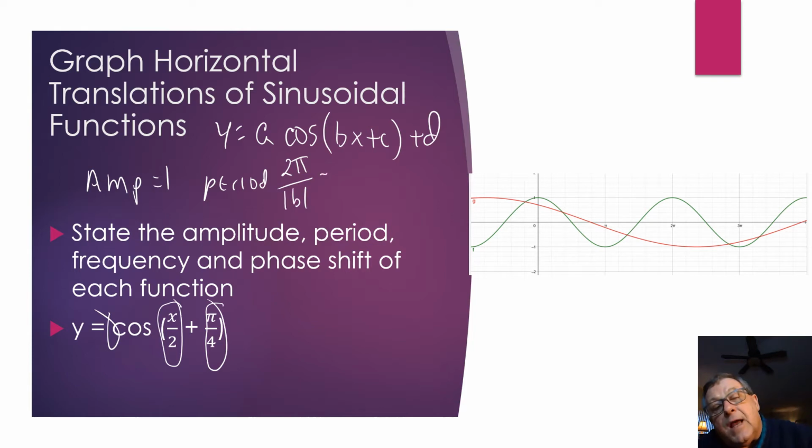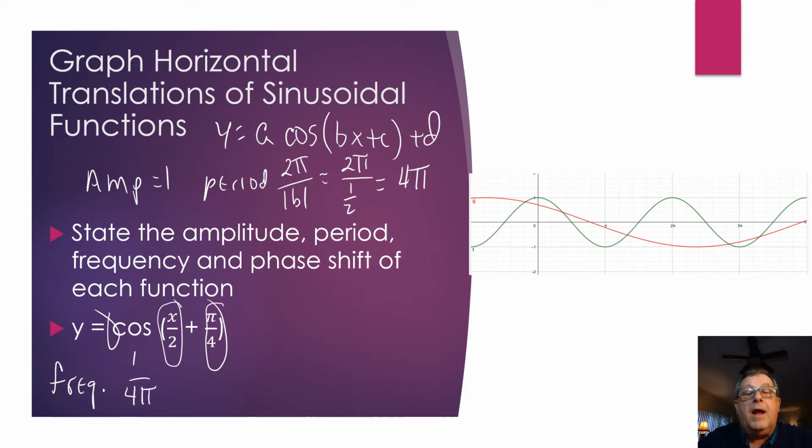And in this case, the absolute value of b is 1/2, so as we simplify that, we take 2 pi times 2, the reciprocal of 1/2, and our period is 4 pi. Which means the frequency is 1 over the period, so it's 1 over 4 pi.